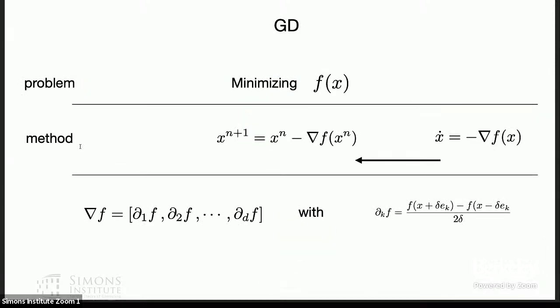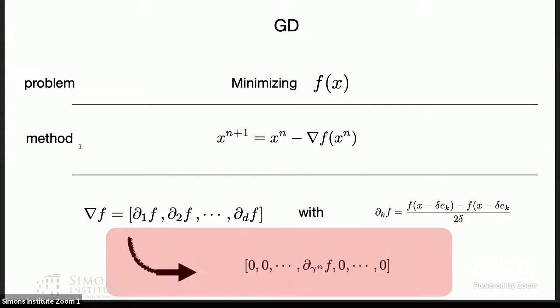The random coordinate descent story goes back to the classical algorithm, gradient descent. Gradient descent says you want to compute the minimum of a function, then you descend along the gradient. It can be viewed as a discrete version of this ODE. The same story: in each iteration, you have to compute the full gradient, and each gradient has d components. You have to compute d partial derivatives, and that's a lot of cost.